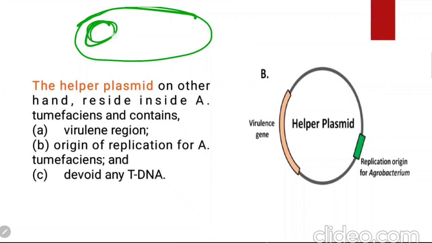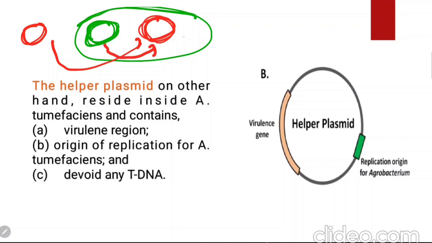It will already have the helper plasmid, and we will insert our binary plasmid into it. So when there is secretion of phenols, this helper plasmid will help in the transfer of this tDNA, which carries our GOI, into the plant genome.